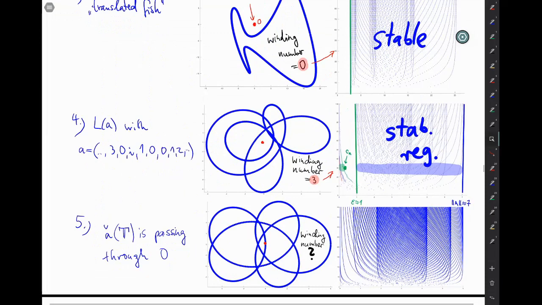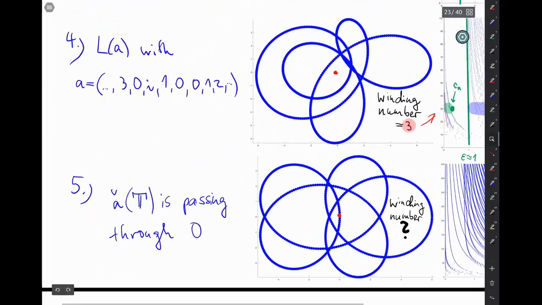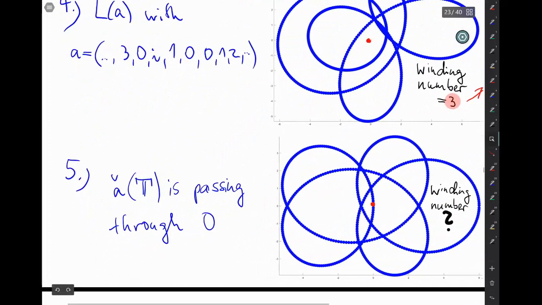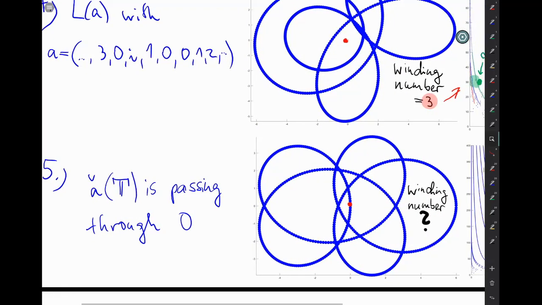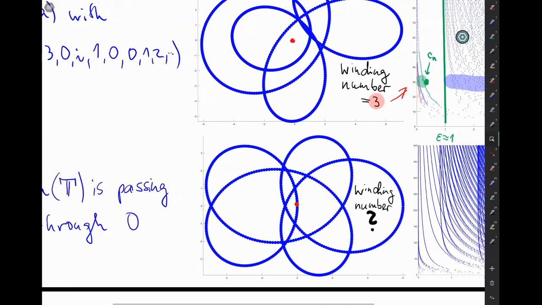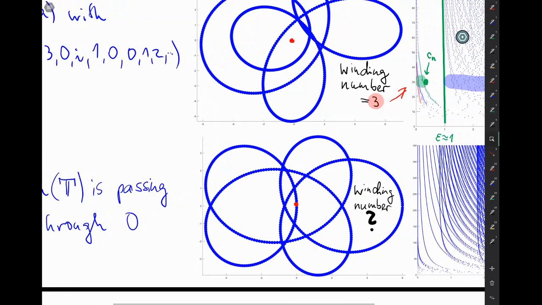So let's take a closer look back at our fifth example. Okay, so we observed that this time the curve is passing through the origin, which is very bad. It means the convolution operator is not invertible, and in fact it means it has an infinite dimensional kernel.